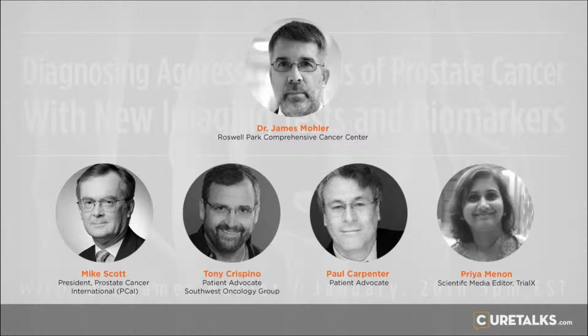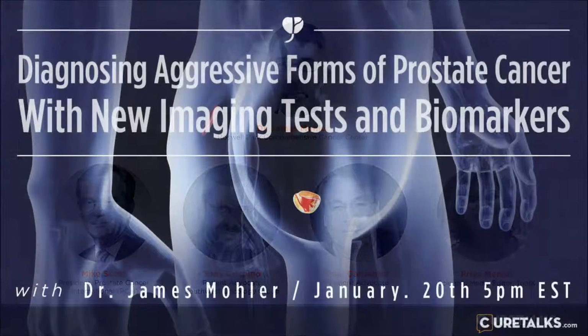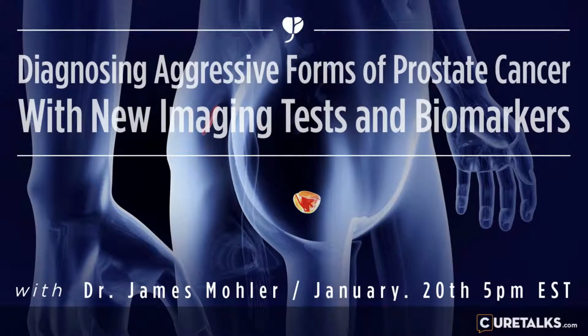It has to be done on a 3T magnet, and then it requires a rather sophisticated analysis of the images. So that's sophisticated software. But most importantly, you have to have an experienced uroradiologist who's very good at interpreting these.